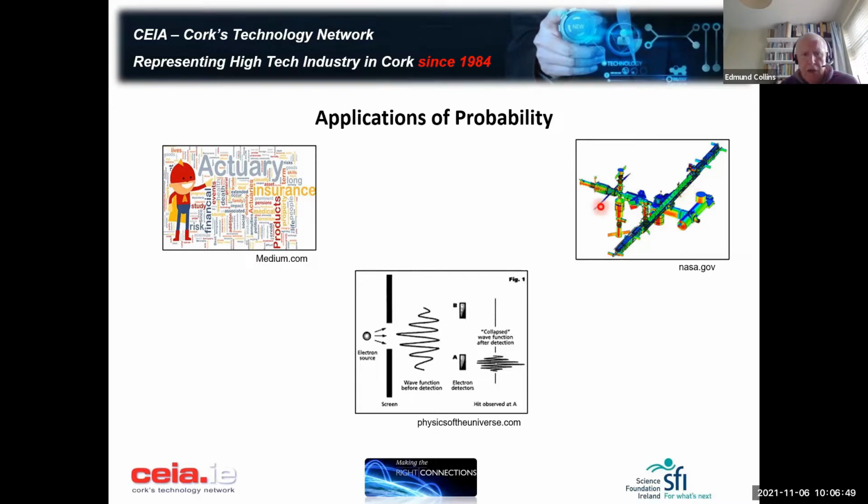Last but not least, here at the bottom of the screen, in quantum mechanics, quantum physics, it's used extensively. It's a very interesting area, and also used in thermodynamics and entropy and so on.